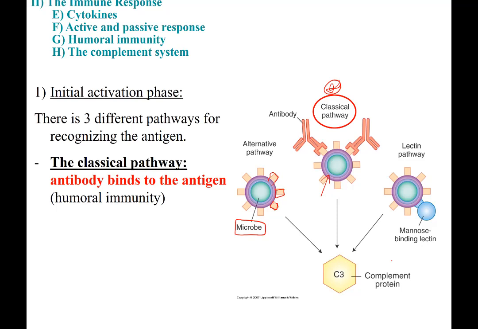And the third one is called the lectin pathway, and this is a specific sugar residue, a mannose binding lectin, that can bind to a microbial antigen and be recognized by the complement system. But really, most of it is actually, I would say, for 80% or 90% of the cases, the classical pathway that can activate the complement system.